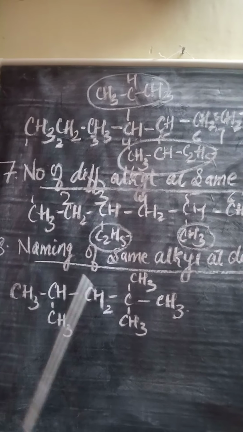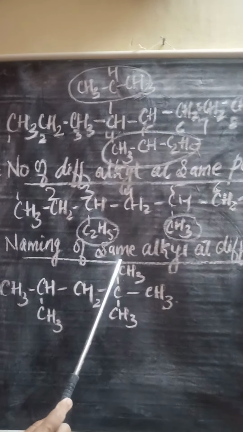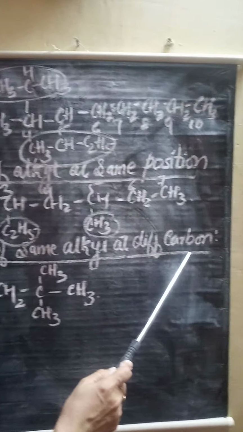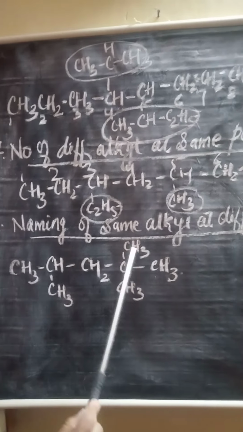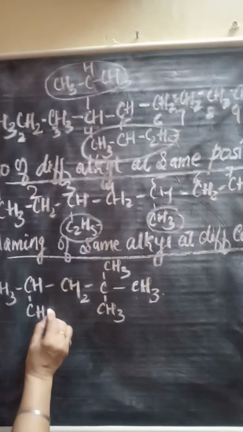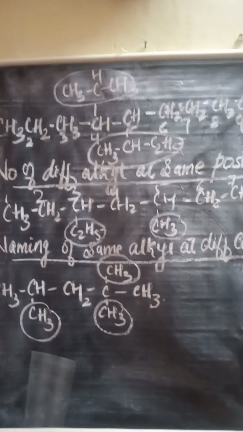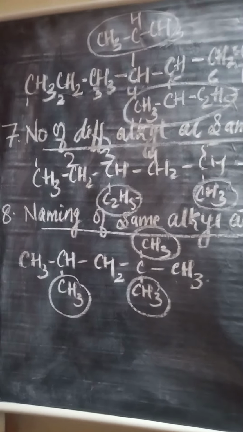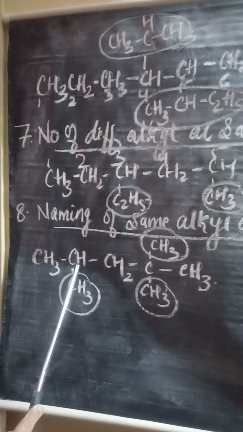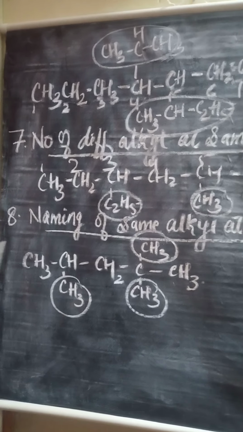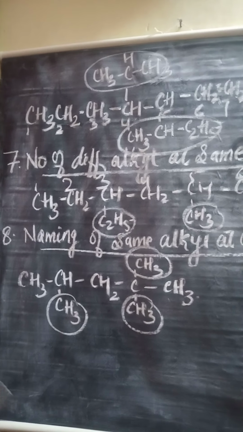Next rule that we have to follow: naming of the same alkyl group at different carbons. So you can see a long chain having the same alkyl group. The substituent groups attached here are of the same type, not different. But they are present in different positions. So what is to be done? This side also 2nd carbon, this side also 2nd carbon. But here again we have to sum up the locants.